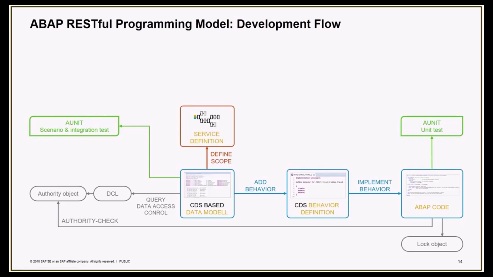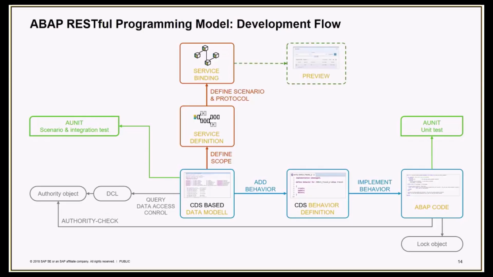business object, we can define the scope, which should be exposed to OData by using the service definition artifact. In addition, we can use a service binding artifact defining the scenario, for example here Fiori UI, and the protocol which is used, for example OData V2. And since we know this protocol here in the tooling, we can provide a Fiori elements preview, because I, as the ABAP backend developer, want to have a preview tool within my backend tooling, within ABAP in Eclipse, the ABAP Development Tools.